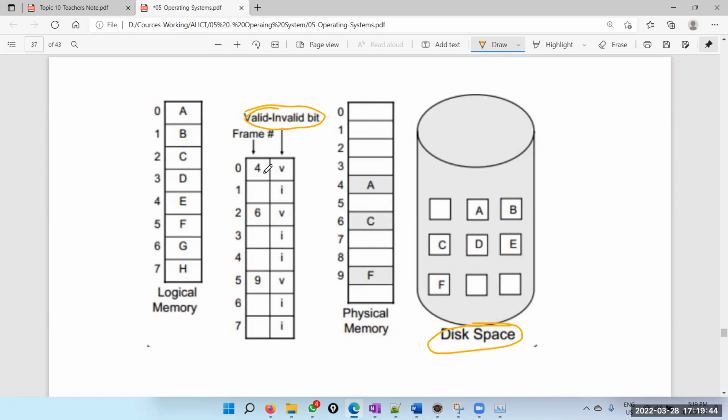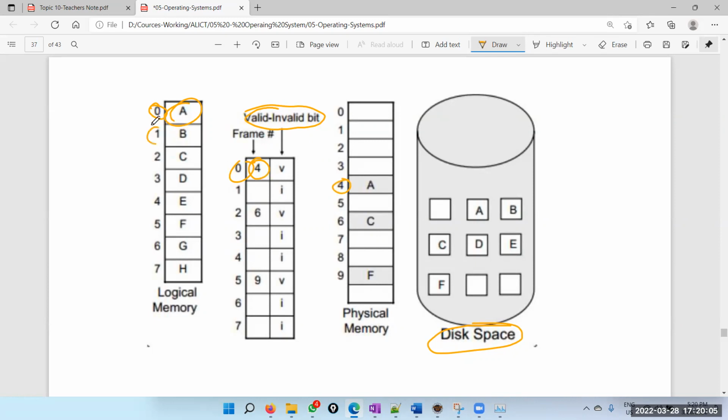If a page is mapped to a frame, the valid bit is going to be valid or true. You can see page 0 is mapped to frame 4, so this page 0, A, is in frame 4.